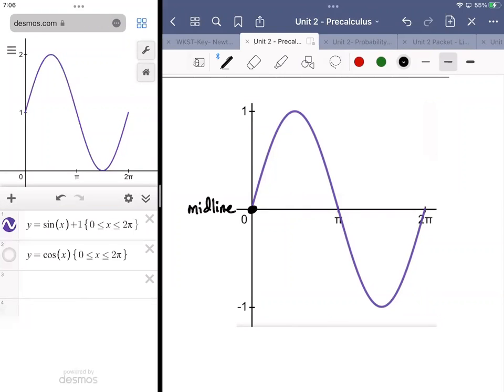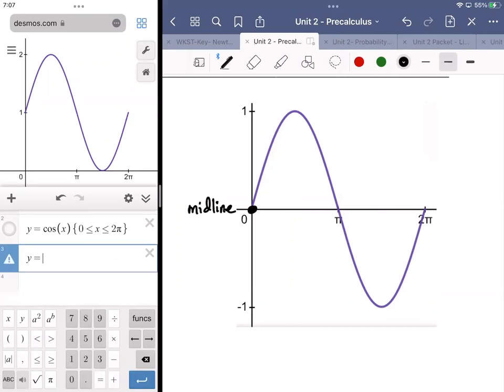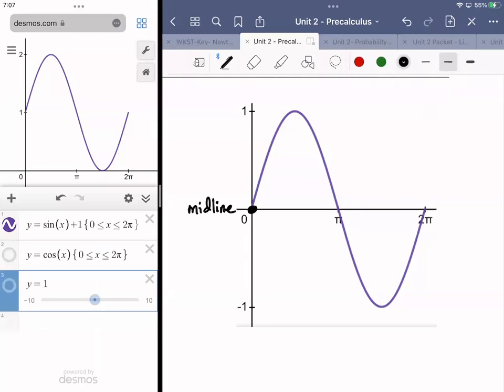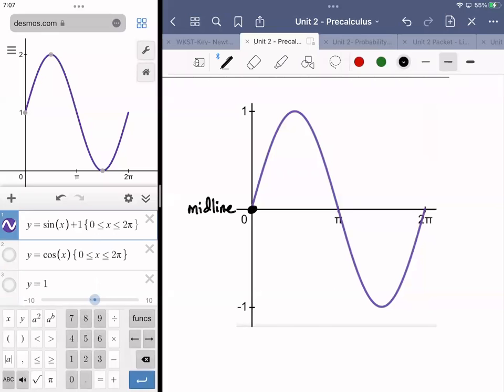Maybe the sine wave is shifted up, in which case the midline, for example on the Desmos screen, would be at 1 in this case. It's wherever the middle horizontal of the graph would be. Right? Make a little slider there.